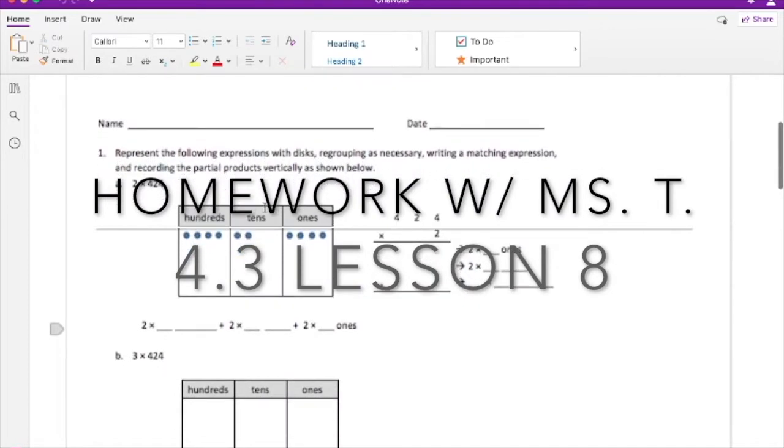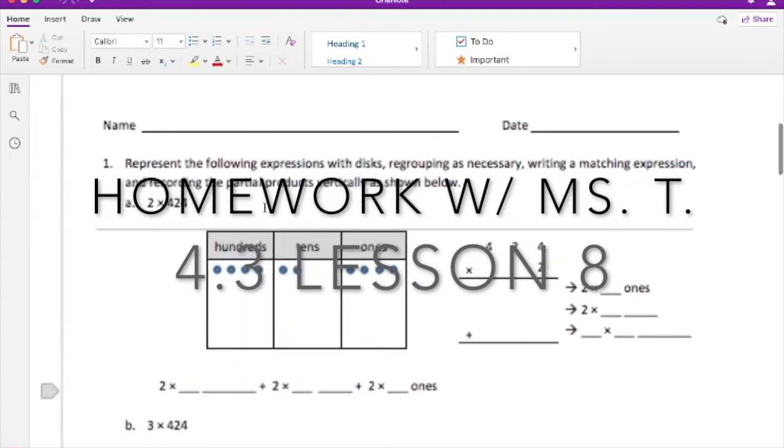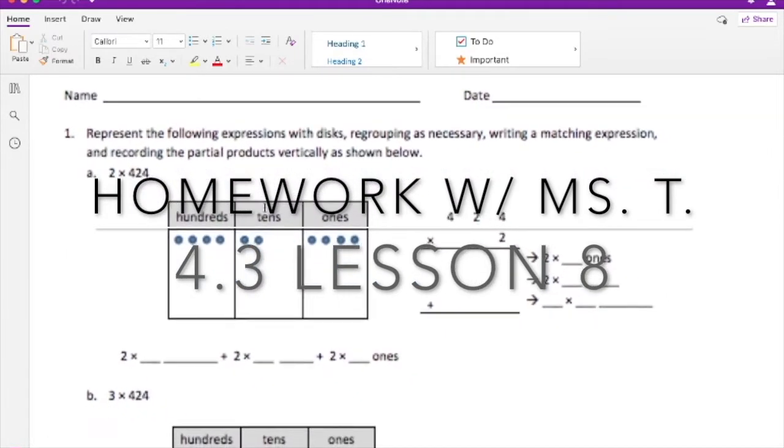So I'm going to show you 2 ways to multiply here. One where I multiply the number, and that's what I'm going to show you in a second. And then 2 where I show you the product on the place value chart.